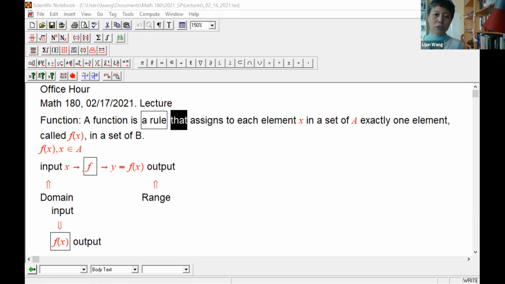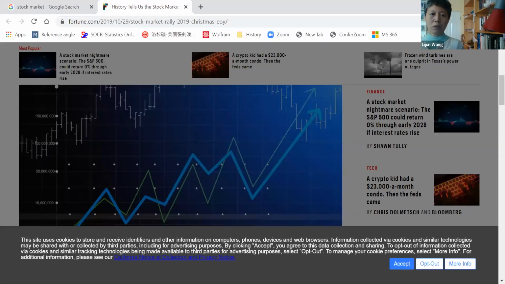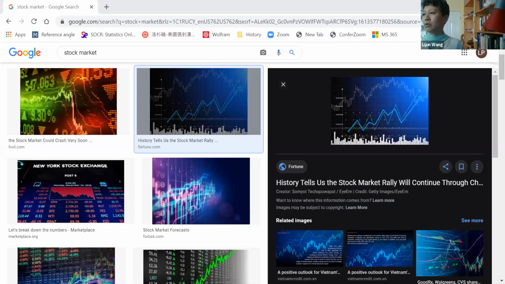You pick yours and look at yours, and I'll show my pick. I just picked one randomly. There you go. Do you see this curve?